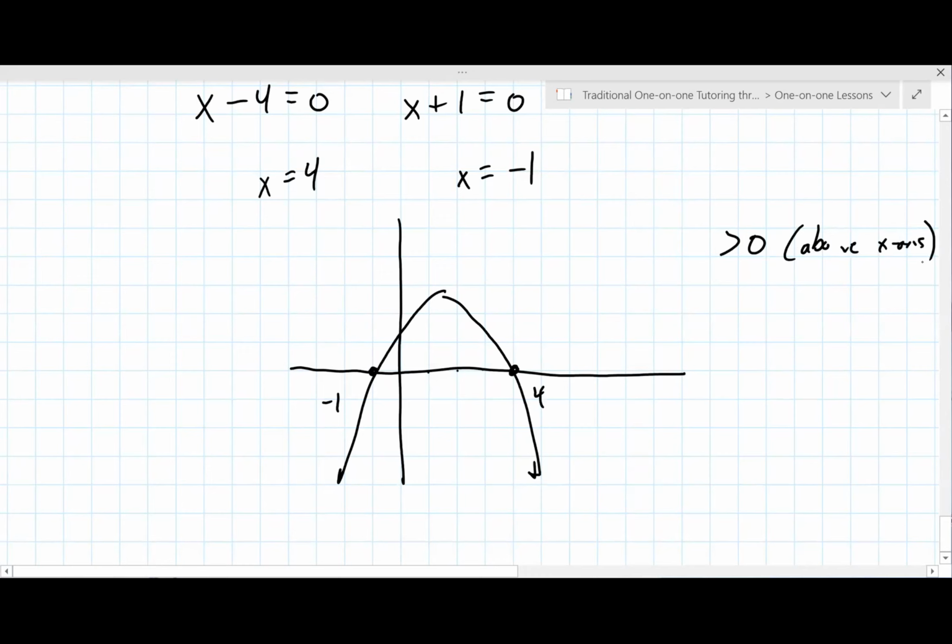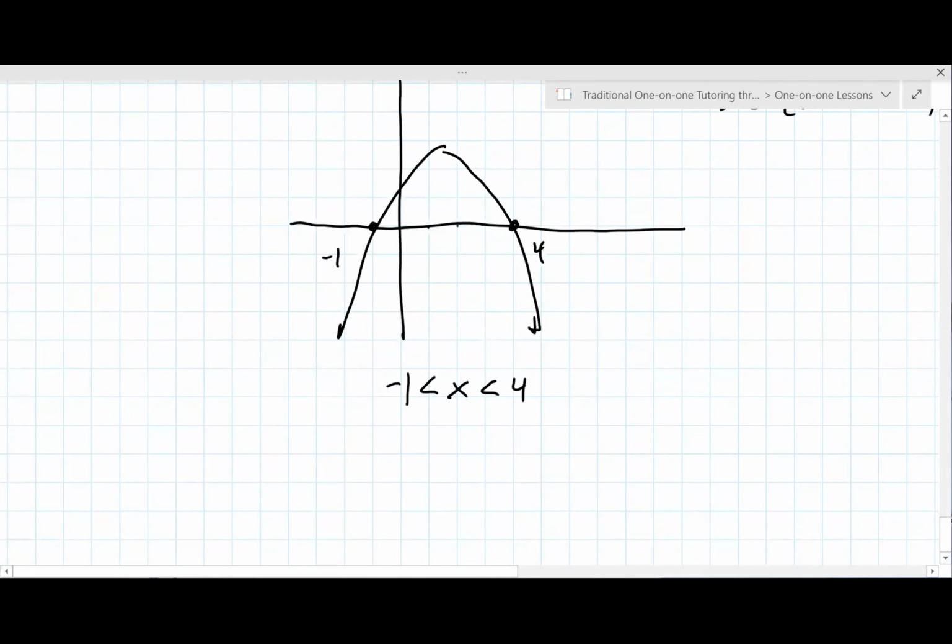Where is it above the x-axis? Between what two numbers? -1 and 4. And in interval notation, it would look something like this.